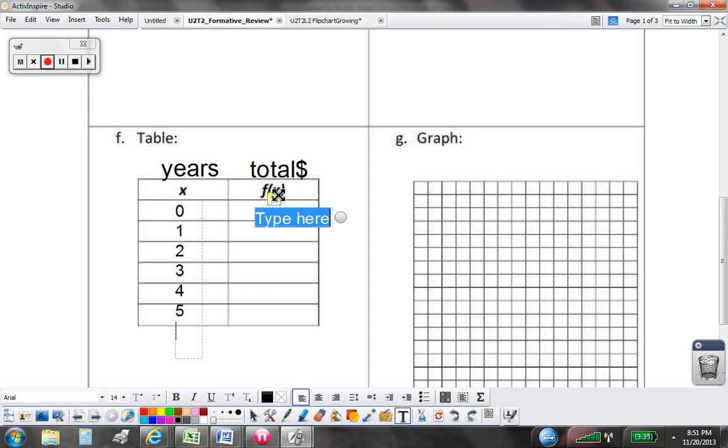And then the amounts were 50, 200, 800. Remember it's times 4 each time. 3200.